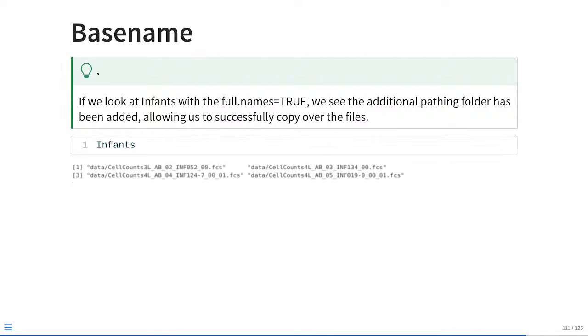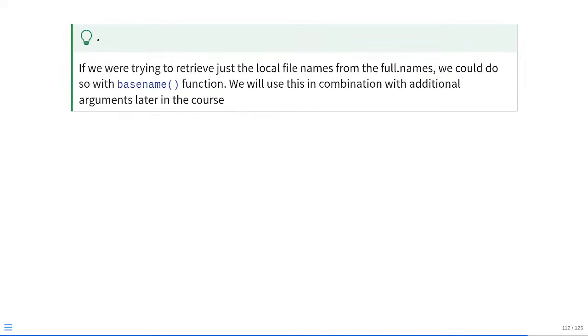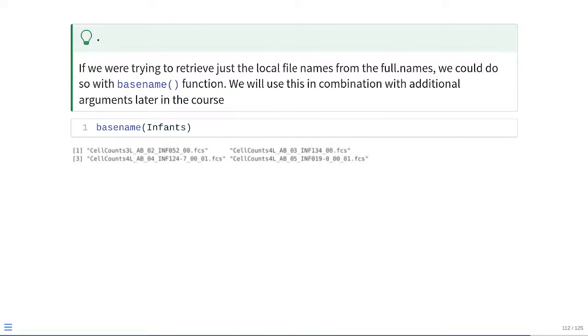So what happens if we only wanted to retrieve the file name and we only had a list of files that had been generated using full.names equal to true? Well, there's a function in R known as basename, which will clip off all the rest of the file path and just keep the actual file names. So if you were just interested in the file names themselves, you'd put that particular object with the file names within basename, run it, and then you'd be able to evaluate it at that point.